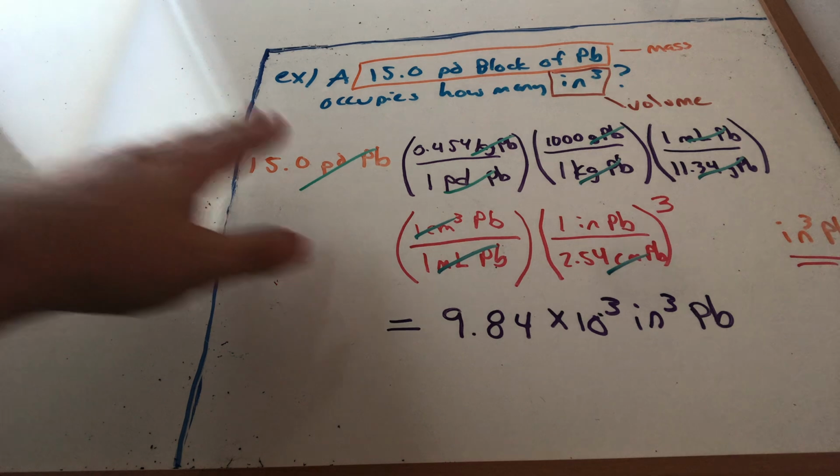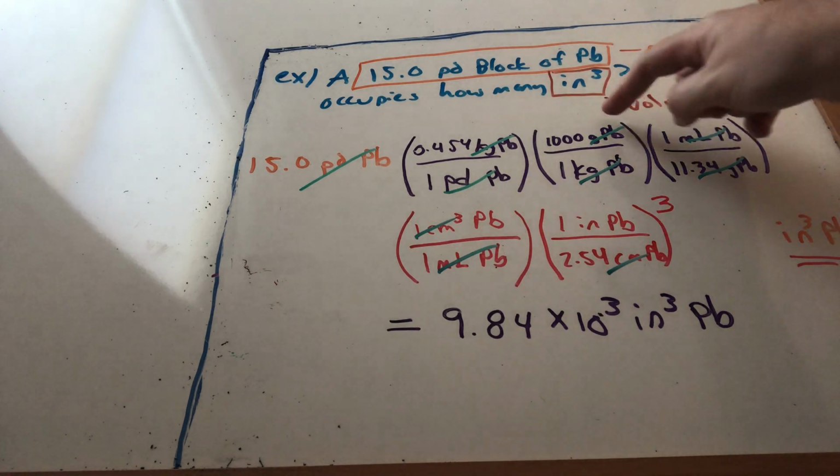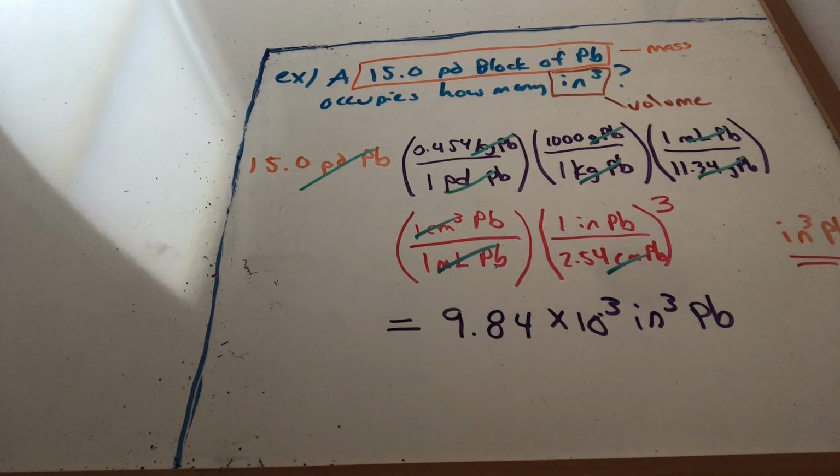You stay organized, you start with what you're told to analyze, you work towards what your goal is, you remember definitions along the way, okay? You keep track of identity. Even in the simple case where it's all lead, just getting used to keeping track of identity is going to be important, right?